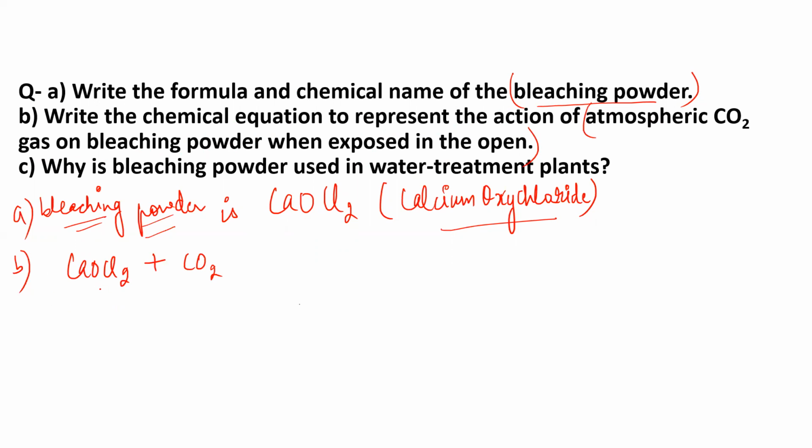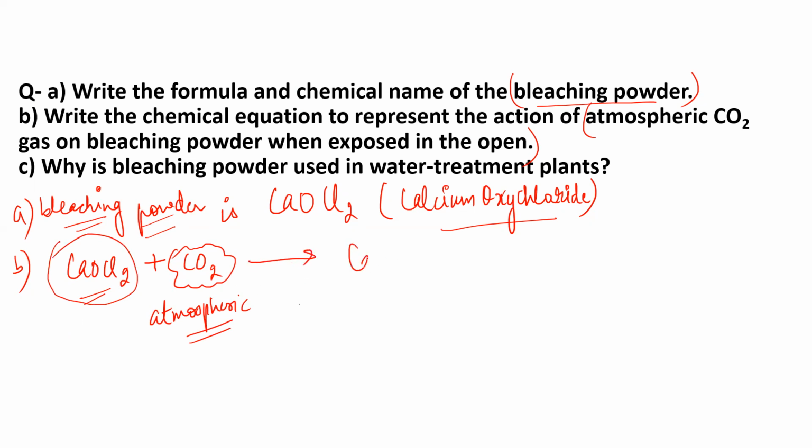Bleaching powder basically has a tendency to decompose when it comes in contact with atmospheric CO2 gas, which is present in the air. So the decomposition of this bleaching powder will take place. On decomposition, we will get products, calcium carbonate as well as chlorine.